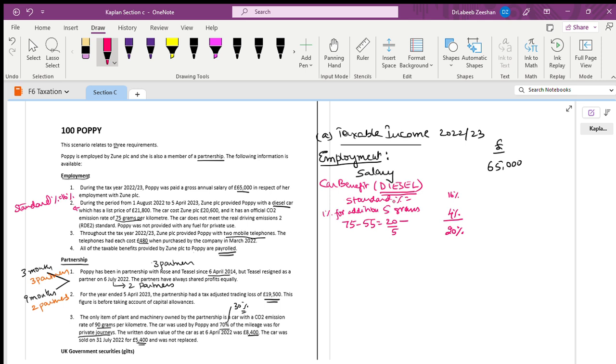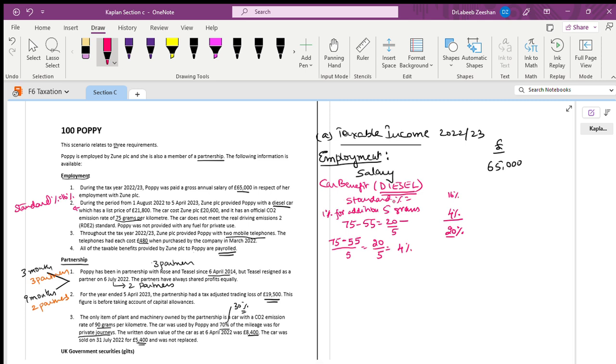Now, 75 minus 55 divided by 5 gives the additional percentage, 1% for each additional 5 grams. What we have to take is the difference. The difference is 75 minus 55, which is 20, divided by 5. It comes to 4.